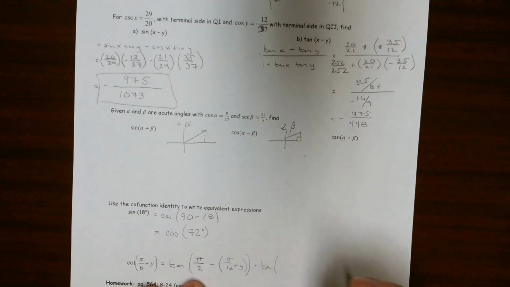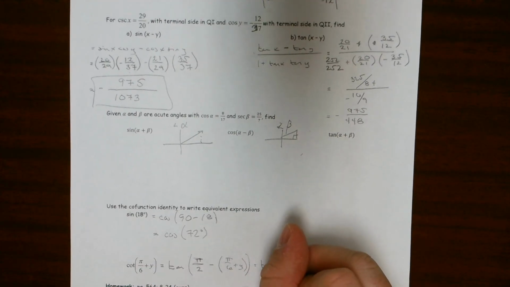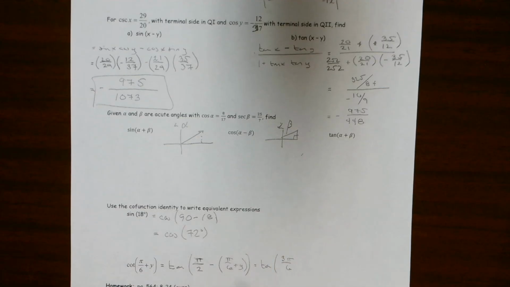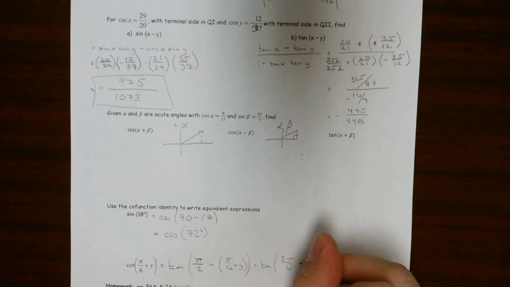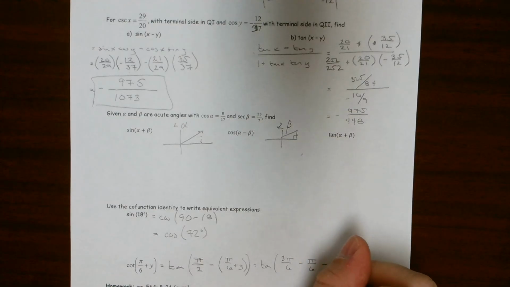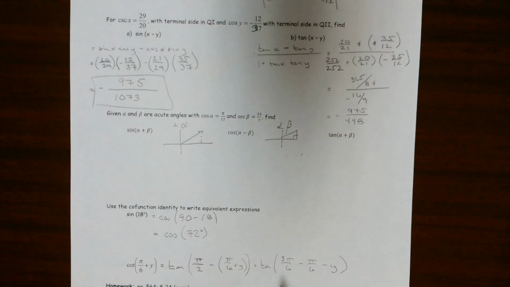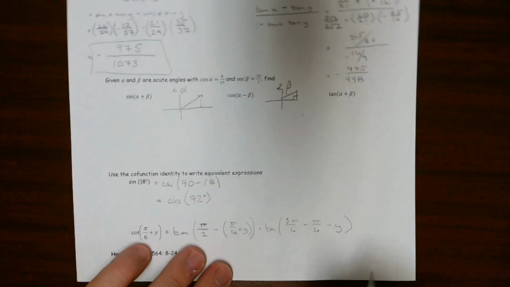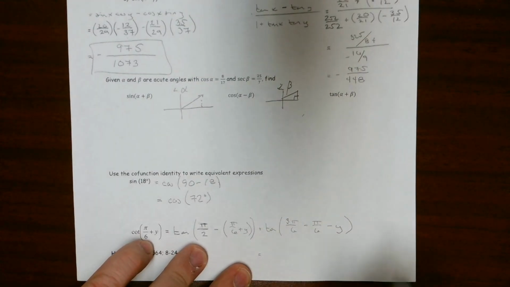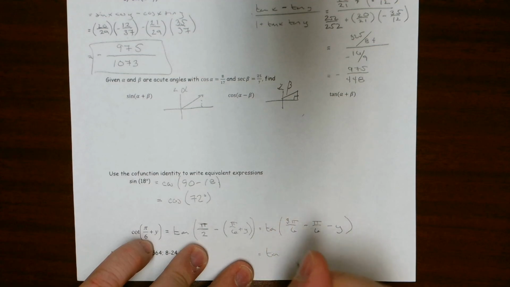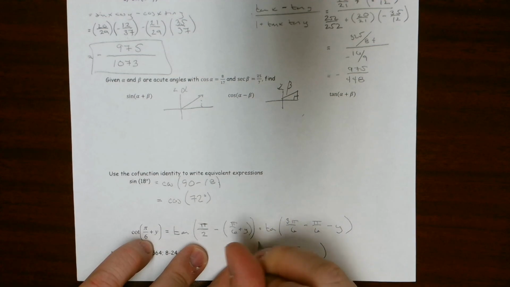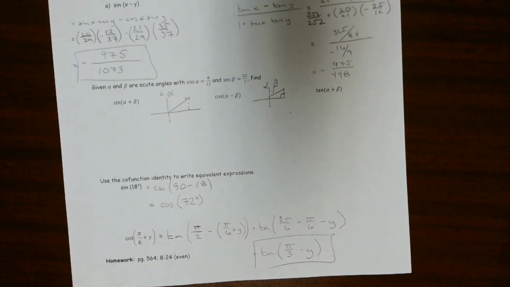That's tangent of 3 pi over 6, notice I was clever and turned my pi halves into 3 pi over 6, minus pi over 6 minus y. 3 pi over 6 minus pi over 6 is 2 pi over 6, which is just tangent of pi thirds minus y. So there's your answer for that one.